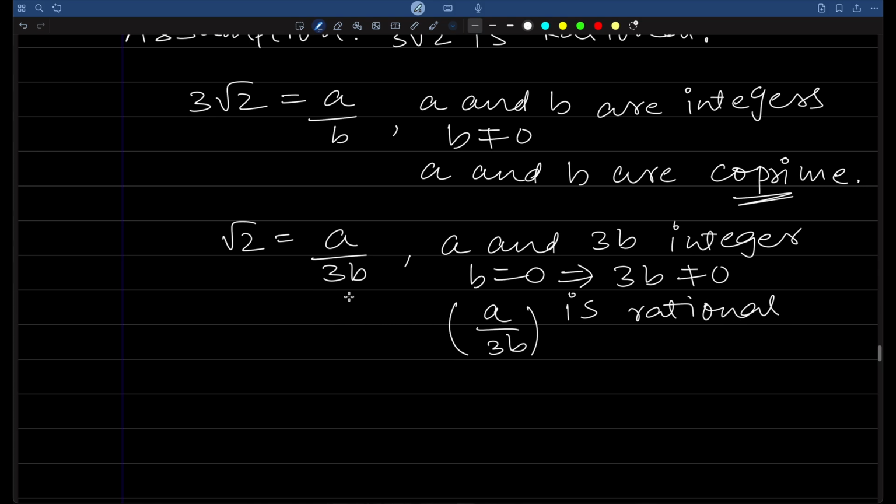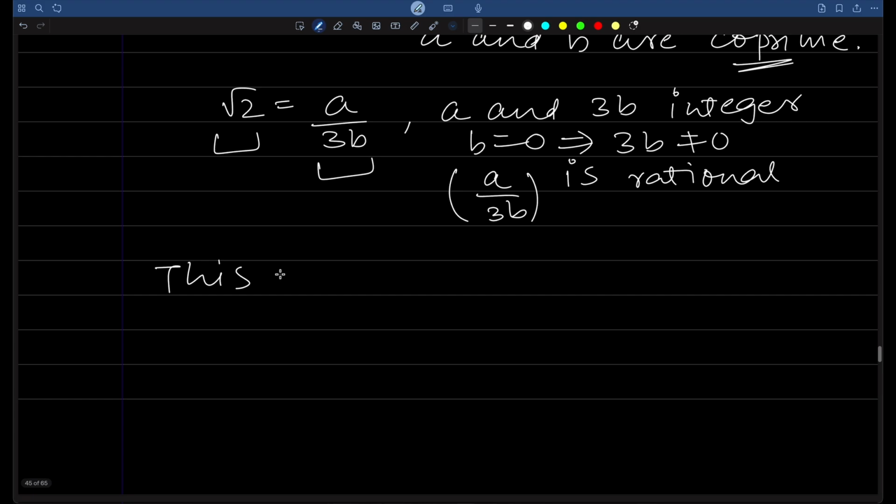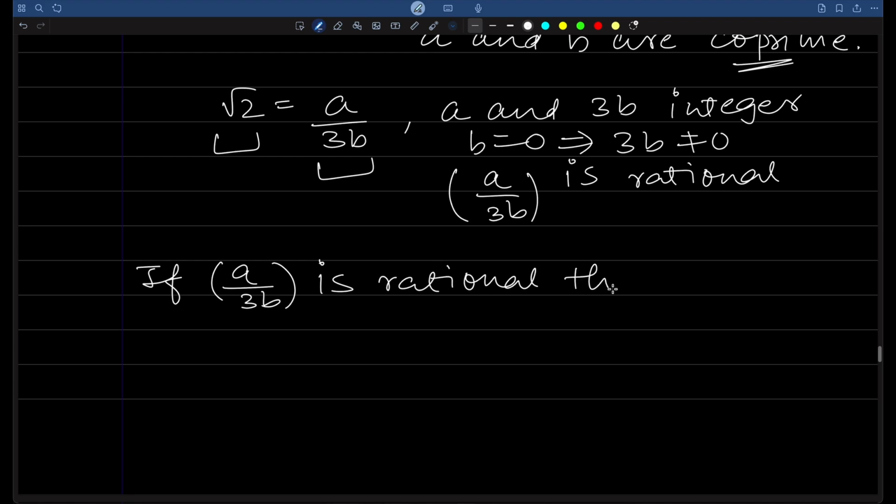If the right hand side is rational, this means the left hand side is also rational. If a upon 3b is rational, then root 2 is also rational.